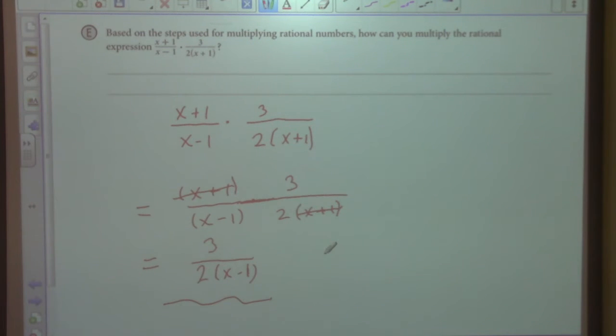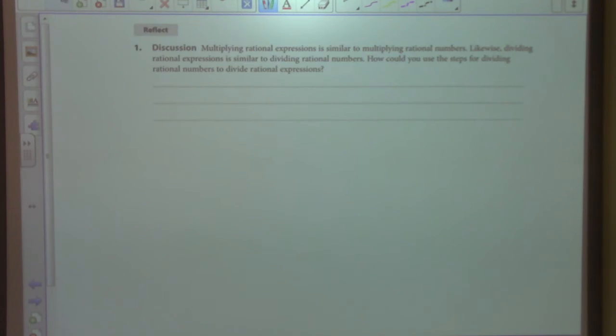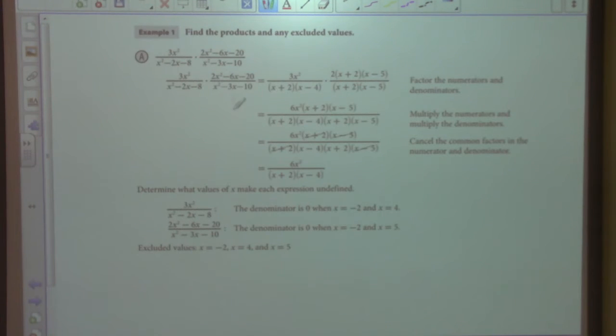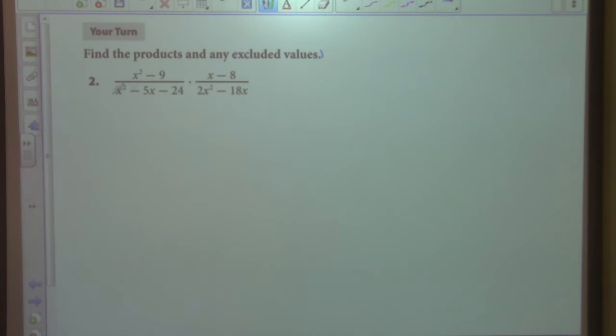And so it's going to be this sort of process to do this. Okay, let's go on here. Multiplying rational expressions, and here they give more detailed examples of how to do more complicated ones. I'm going to skip over those and just go right to your turn and work through an example problem, and then I'm going to have you work your own problem.